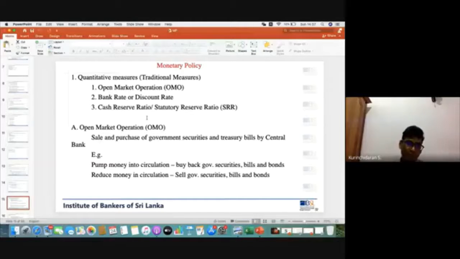Similarly, the Central Bank of Sri Lanka is also taking many measures to stimulate the economy.